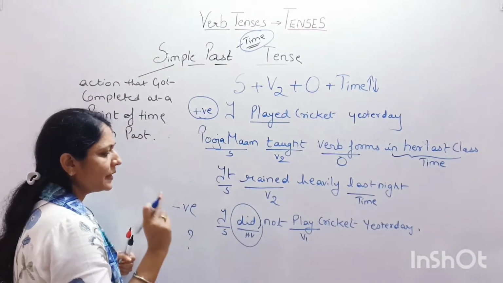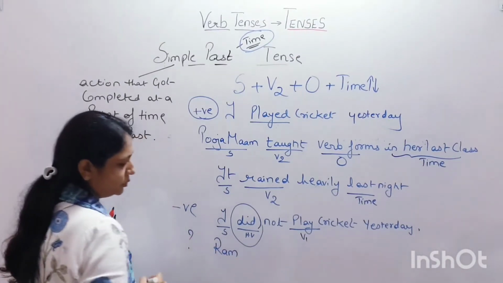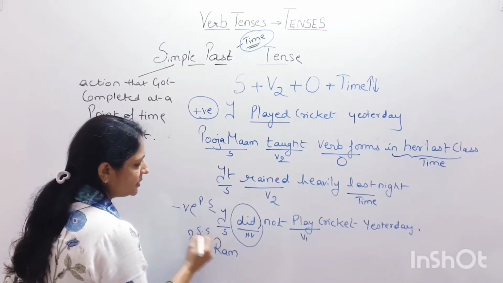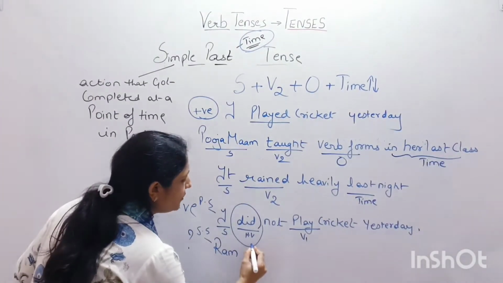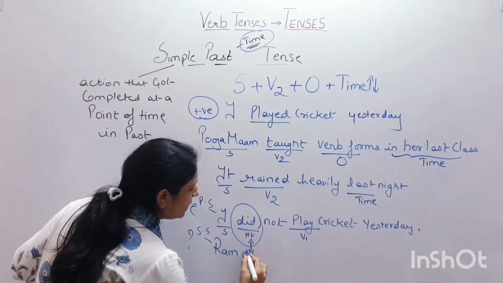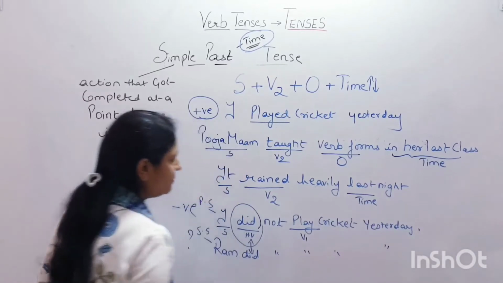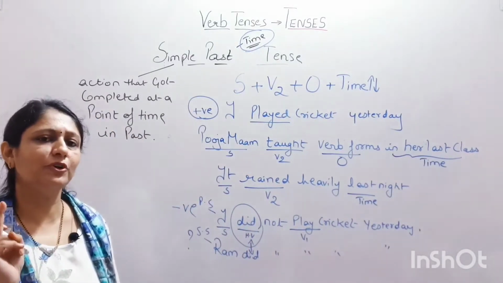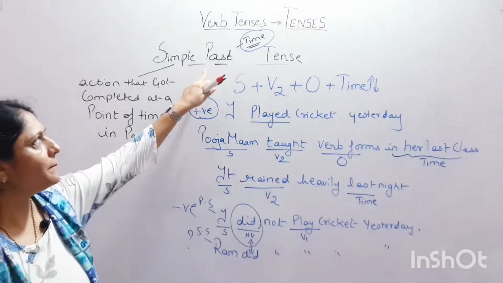Is it clear? अब अगर यहाँ पे I के बदले राम भी होता तो I तो हमारा था प्लूरल सब्जेक्ट और राम होता है हमारा सिंगुलर सब्जेक्ट. In case of past tense there is no difference of helping verb. यहाँ राम के साथ भी did ही आएगा और बाकी का सेंटेंस सेम रहेगा, because the helping verb is same for singular subject and plural subject in case of past tense.